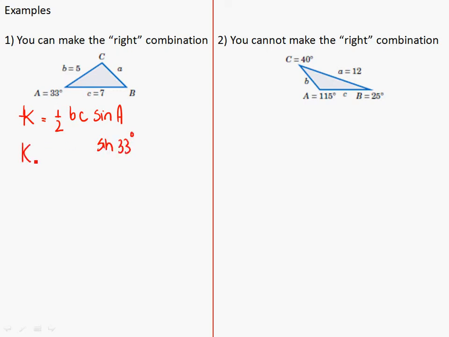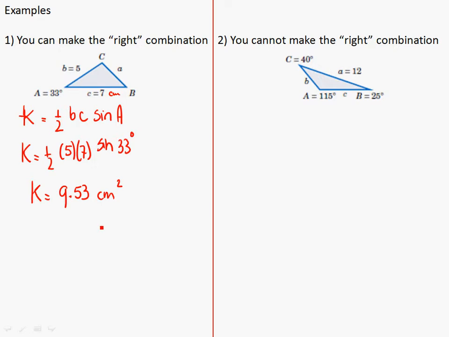And do I have the sides B and C? Yes, in this case side B is 5, side C is 7. So this area will be a half times 5 times 7 times the sine of 33. You get a calculator, and it gives you 9.53. And if it was centimeters, it would be centimeters squared.